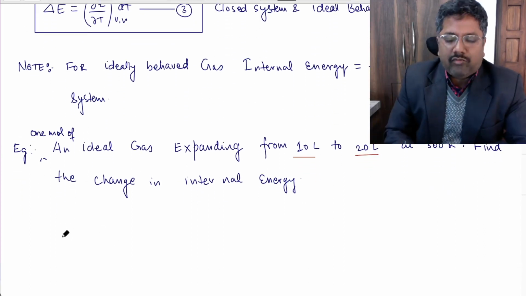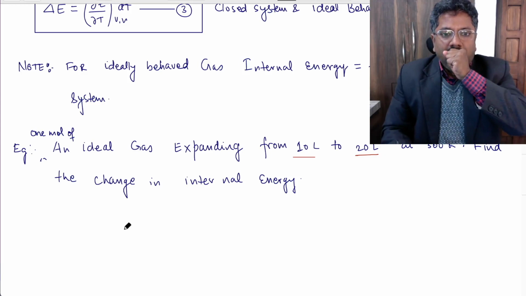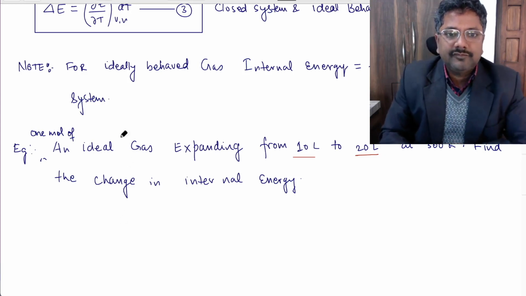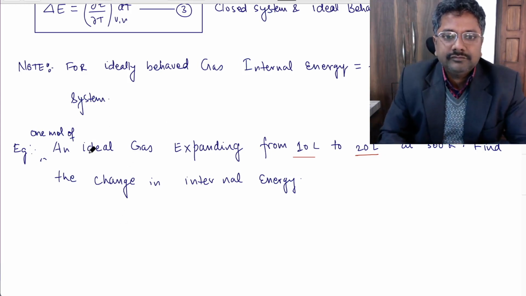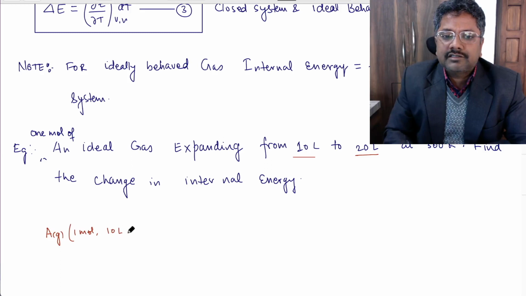See, any gas is not specified. So suppose that gas A is the gas. Suppose that initially it is 1 mole and 10 liters and 300 Kelvin.